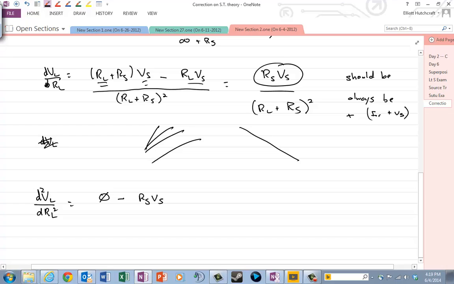Okay, we need to use the chain rule here, so we'll have 2 times RS plus RL to the first power times the derivative of what's inside with respect to RL. The derivative with respect to RL of just RS is 0, the derivative with respect to RL of RL is just 1, so we're left with 1, all over the bottom squared again.